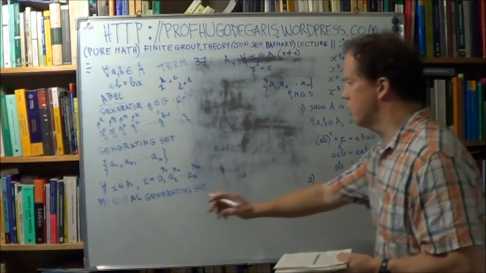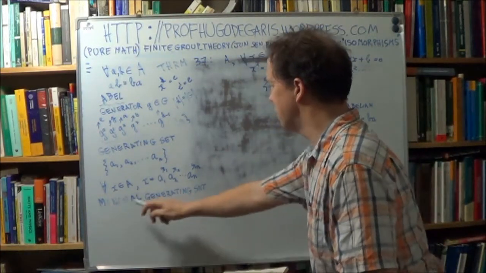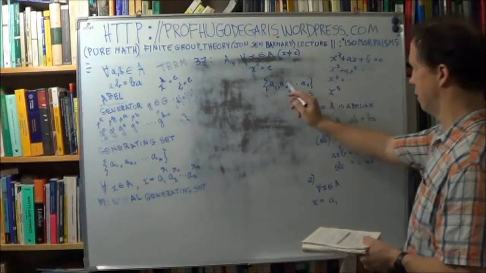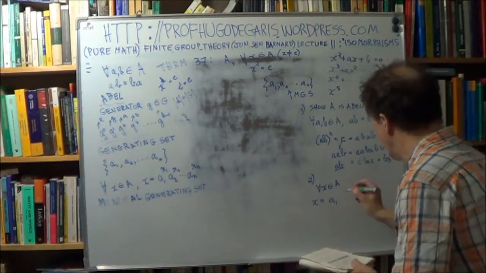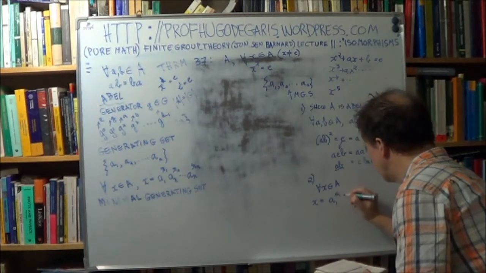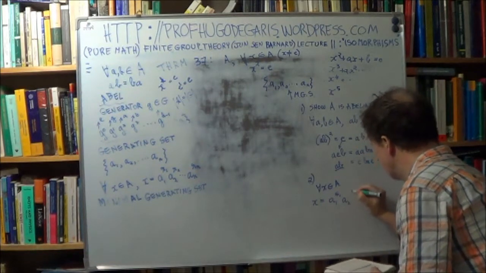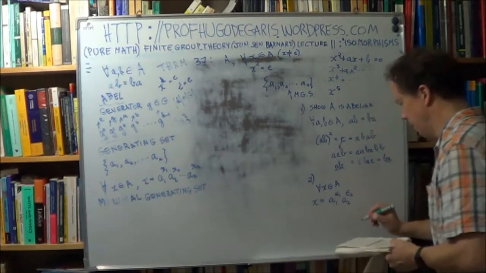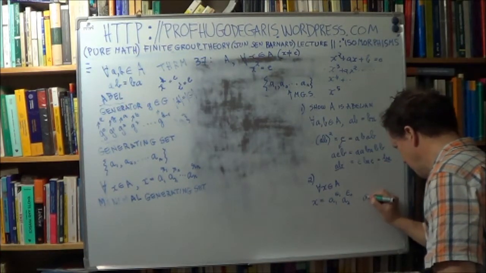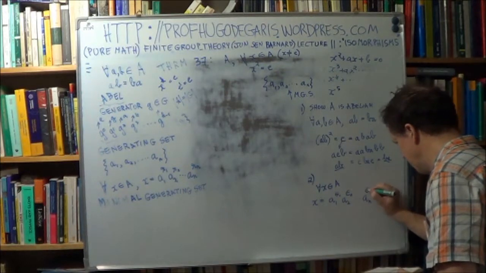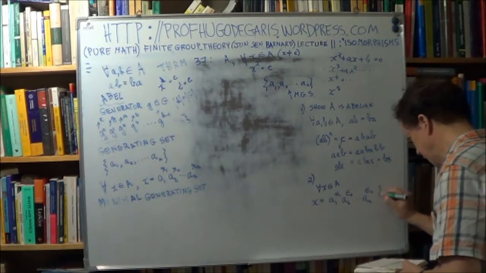In terms of the MGS, the minimal generating set of these, it can be written in the form of A1 eta 1, A2 eta 2, I'll explain what these etas are in a minute, dot dot dot, An eta n. Okay.